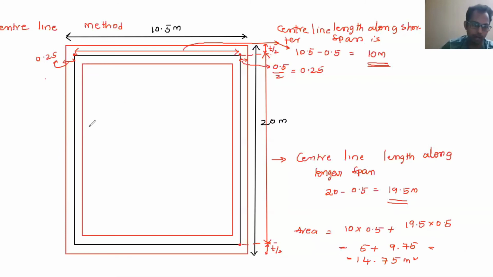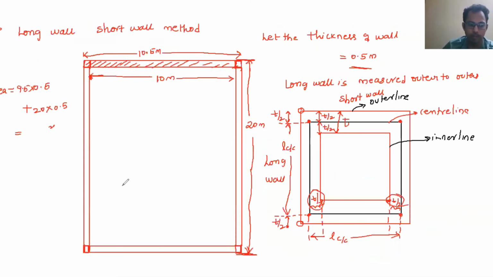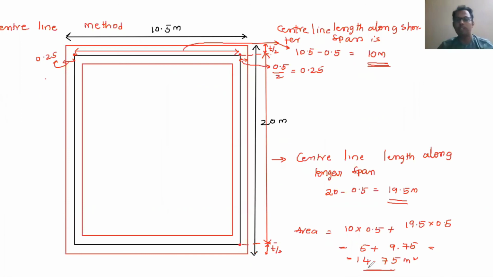If you see the area from the long wall short wall method, 9.5 into 0.5 is 4.75. Then 4.75 plus 10 is 14.75 meters square. So the long wall short wall method gives 14.75, and the center line method also gives 14.75.